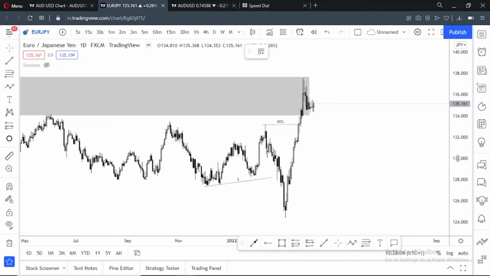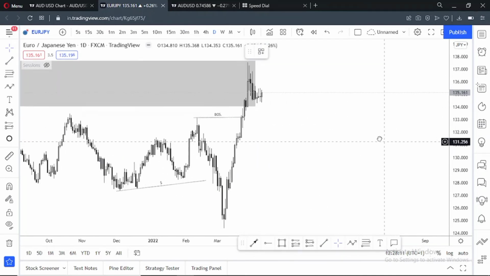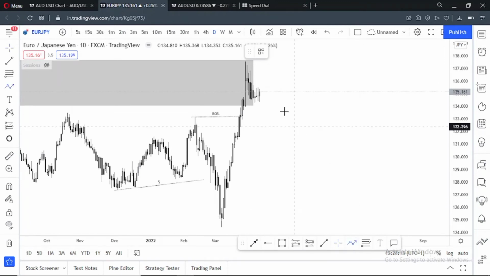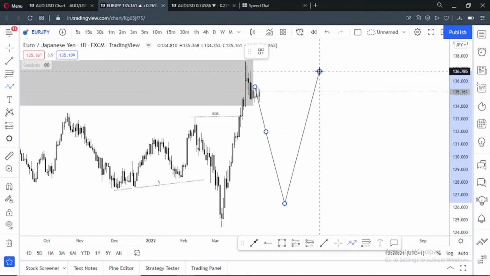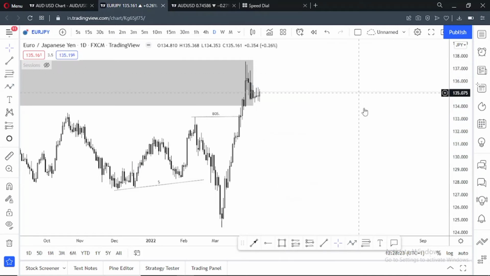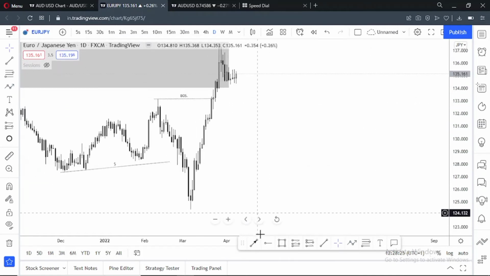So what I'm expecting here is that we might have a pullback to some demand levels, then maybe a continuation. That's what I can see on Euro JPY at the moment.